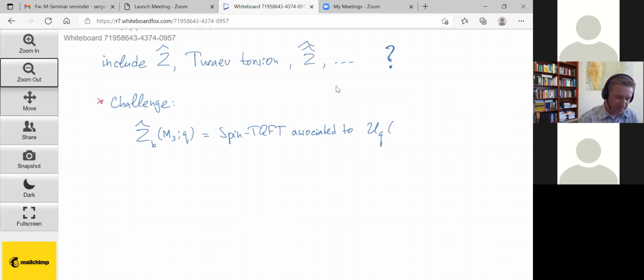That's not terribly important. But the challenge is to construct it fully.